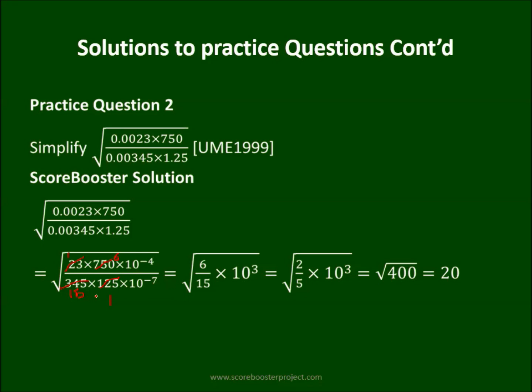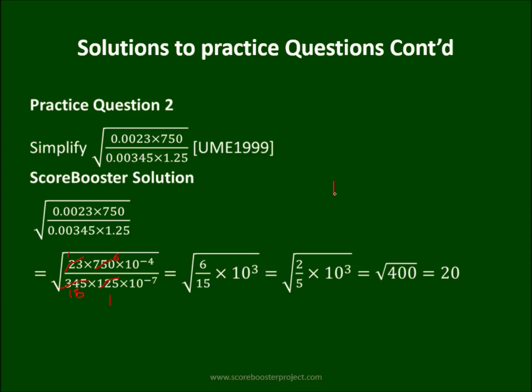So we have 6 over 15. Then 10 raised to power minus 4 divided by 10 raised to power minus 7. According to the law of indices, since the bases are the same, 10 raised to power minus 4 divided by 10 raised to power minus 7 is simply 10 raised to power minus 4 minus minus 7, which is 10 raised to power minus 4 plus 7, since minus times minus is plus.